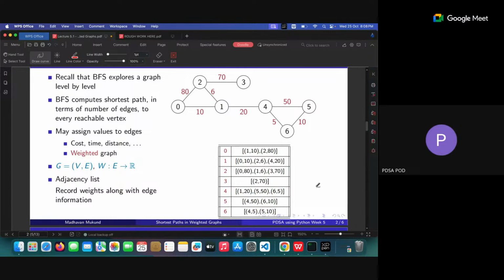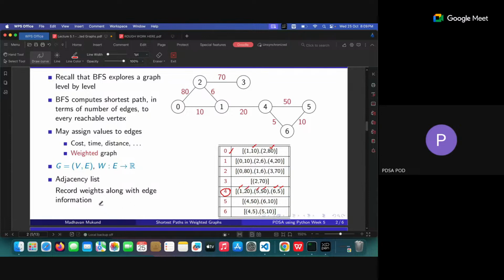Whenever you come to the adjacency list, which is a compact format, vertex 0 is associated with 1 and 2, with weights: 0 to 1 is 10 and 0 to 2 is 80. Similarly, vertex 4 is associated with 1, 5 and 6, with respective weights 20, 50 and 5.